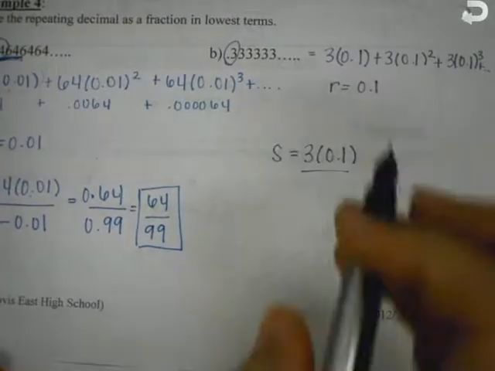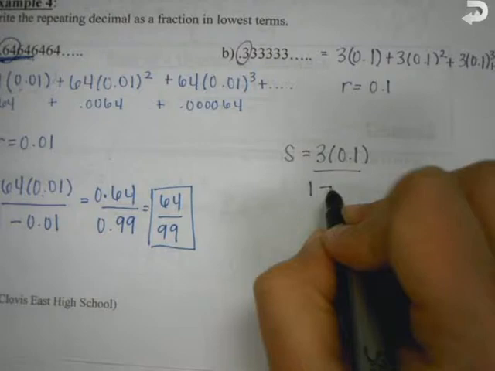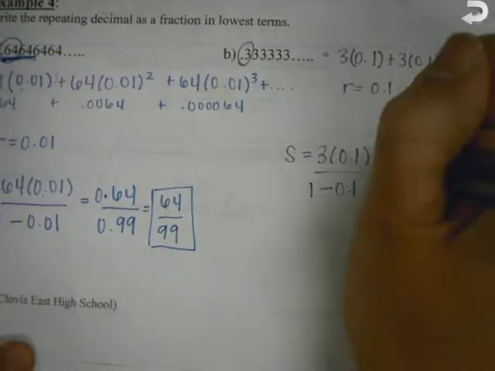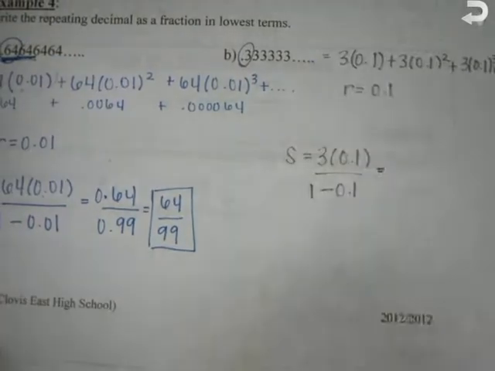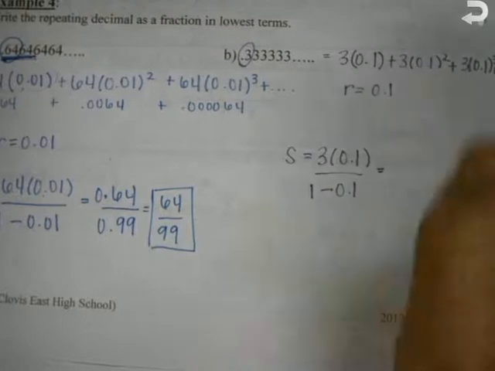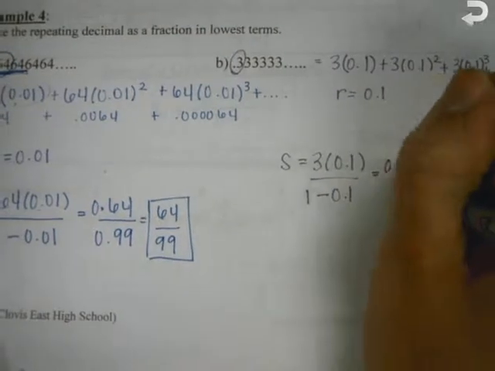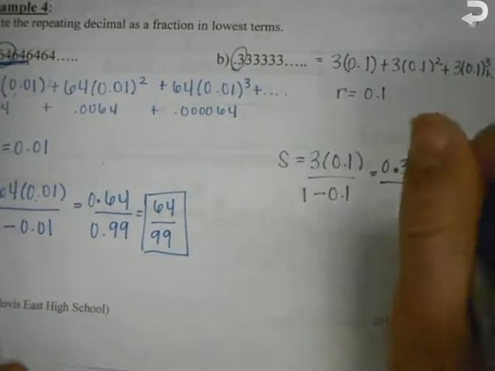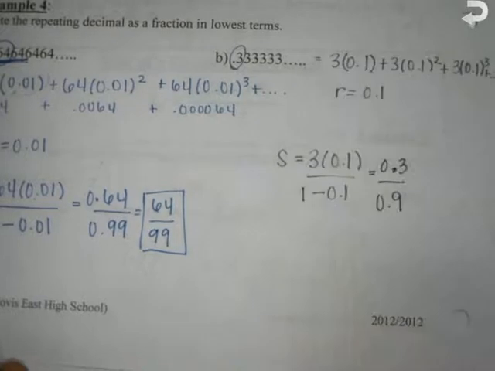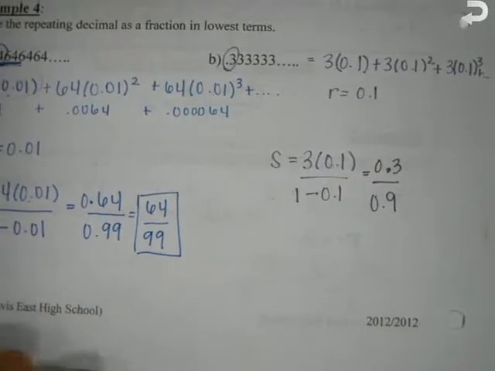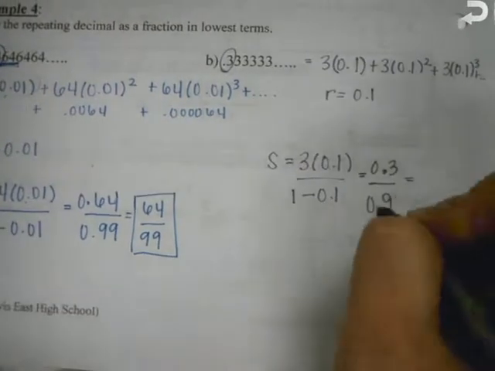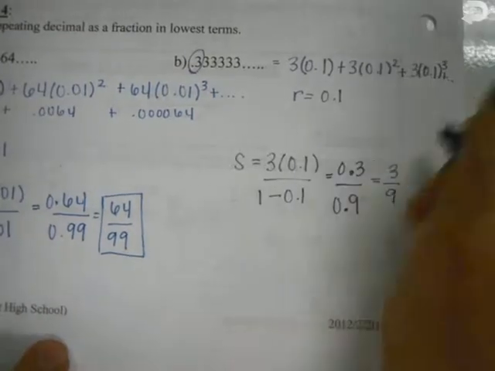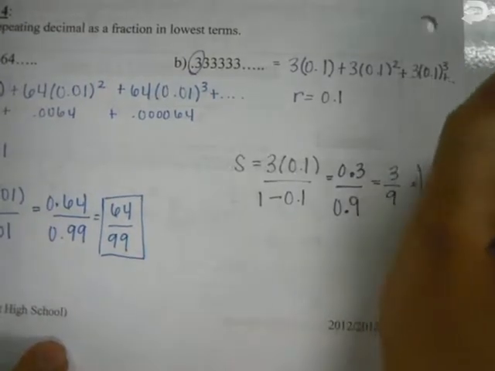So that equals, what's 3 times 0.1? 0.3 over 1 minus 0.1, 0.9. Can you write this as a fraction with whole numbers? 3 over 9, and that reduces to 1/3. So 0.333333 is the same as 1/3. And isn't that true? Don't we already know that? Yeah. Okay?